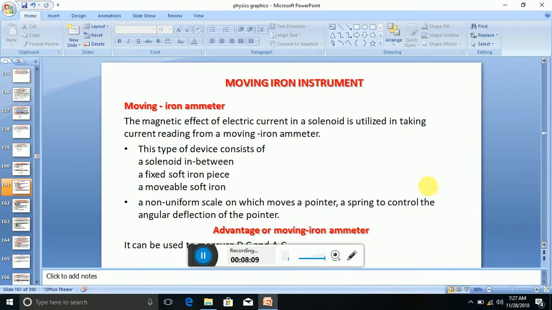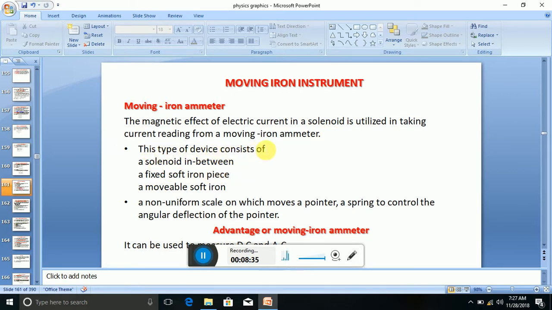Now, moving iron instruments, the moving iron ammeter. The magnetic effect of electric current in a solenoid is utilized in taking current readings from a moving iron ammeter. That's one of the applications of the magnetic effect of electric current.